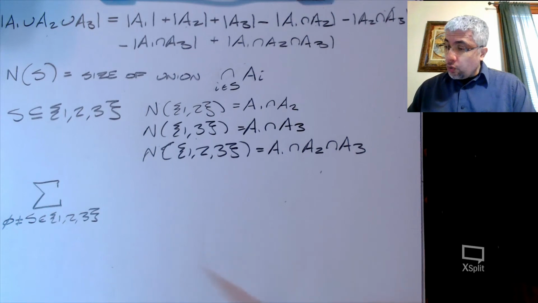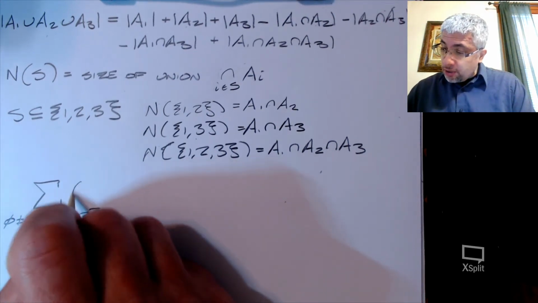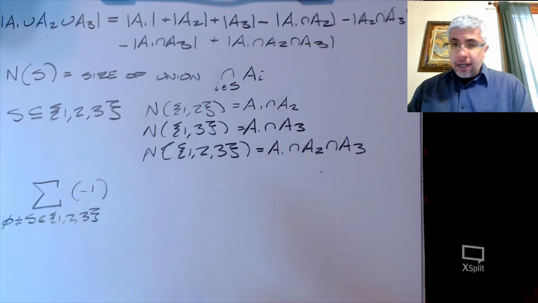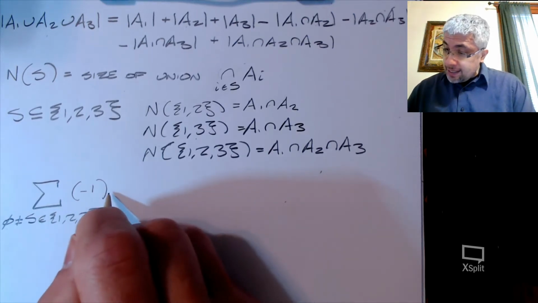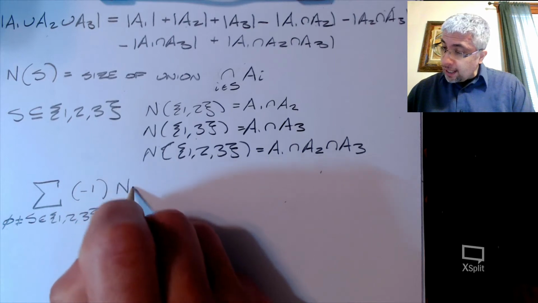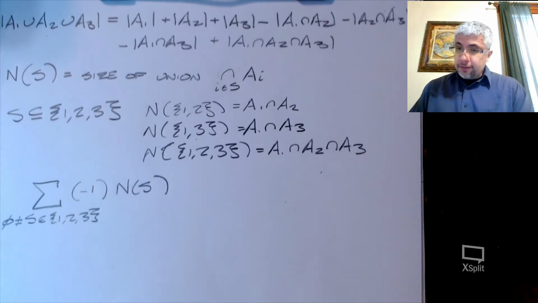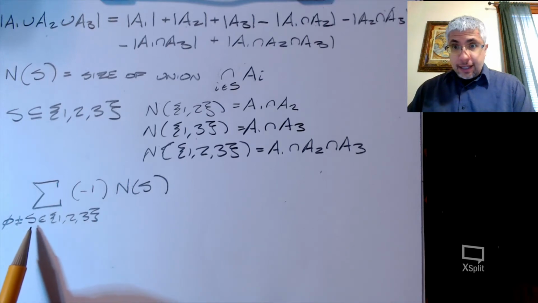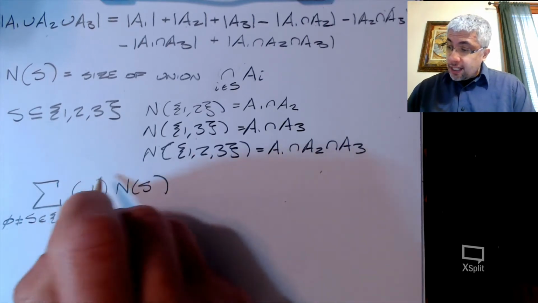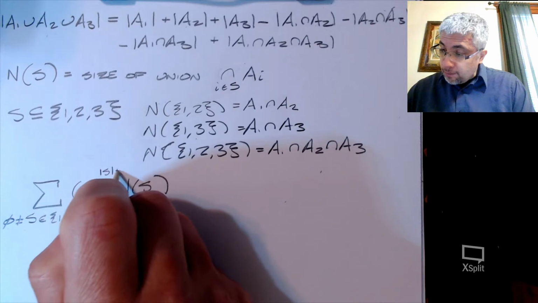Okay? So what I'd want here is something to determine whether things are positive or negative. I'm going to leave that exponent blank just for a moment. And then this is times n of S. Now we want this to be negative when the size of the set is even, and positive when odd. So what I could do is say minus 1 to the size of S plus 1.